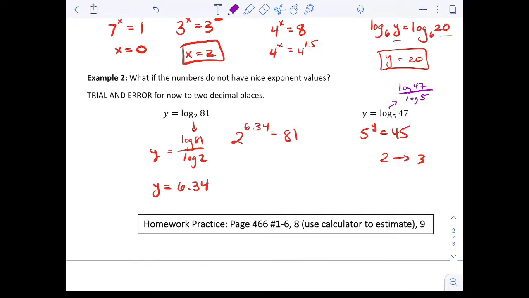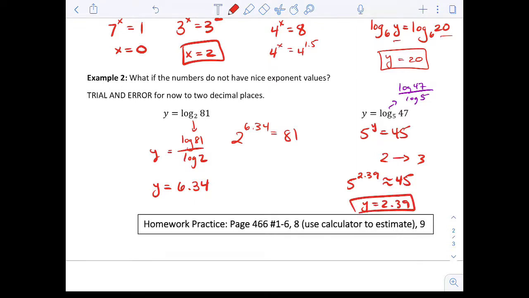Right, you could use trial and error if you want. 5 to the power of, try a bunch of different numbers, try to get 45. But that shortcut that I showed you that I'm going to be explaining in the next section, if I do that, we get 2.39. So 5 to the power of 2.39 is about 45. So y is equal to 2.39.